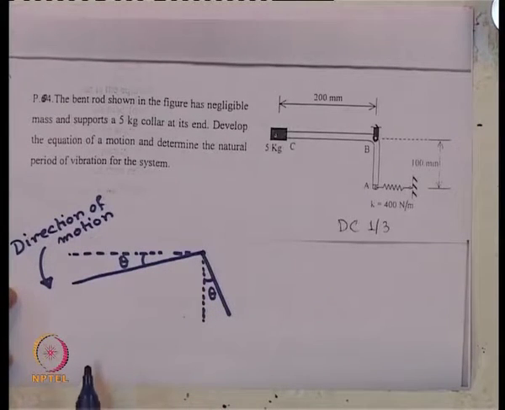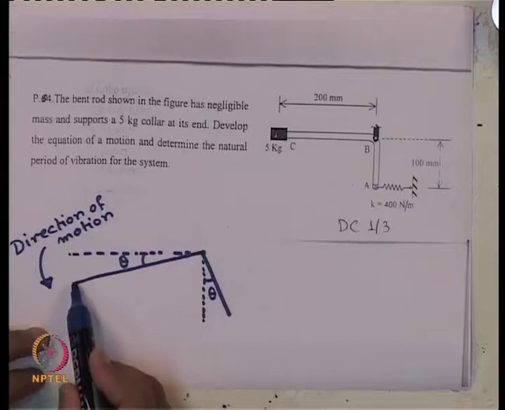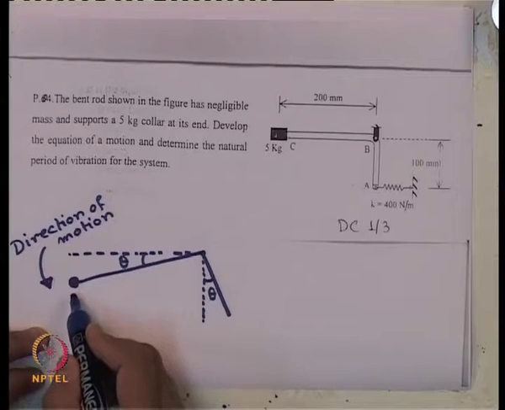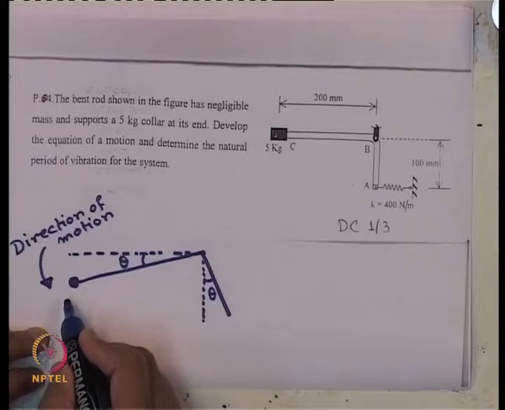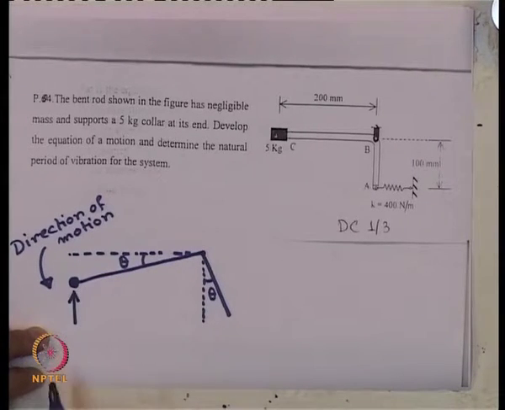So, what are the forces acting on this system now? Here a mass is attached. So, this mass will experience an inertia force. An inertia force will act here in which direction? Vertically downward or upward? It should act vertically upward, not downward.